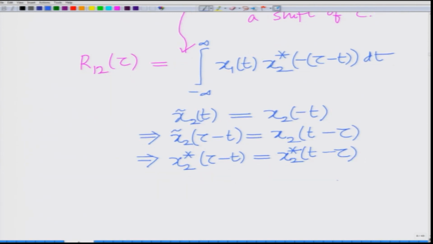Therefore, instead of x2 conjugate (t minus tau), I can substitute x2 tilde conjugate of (tau minus t).